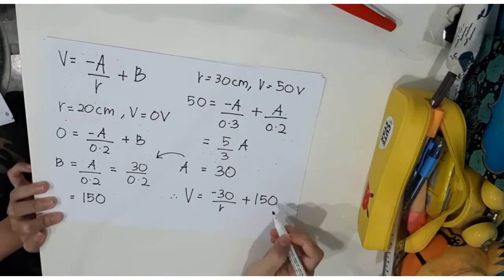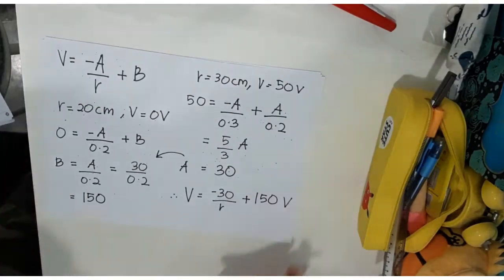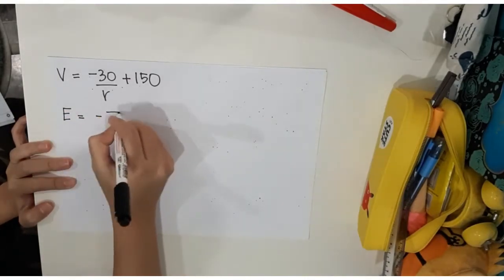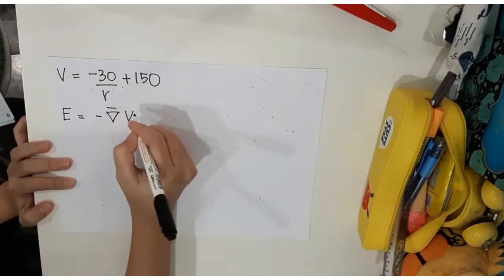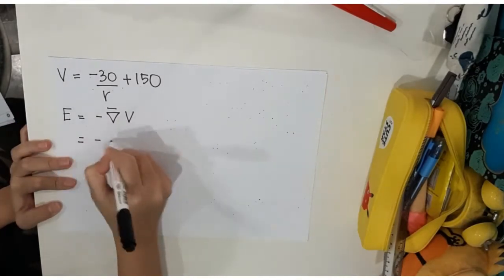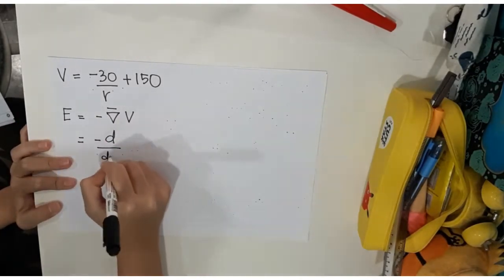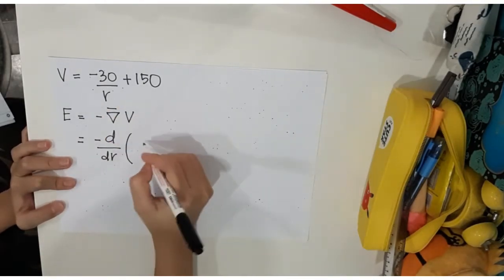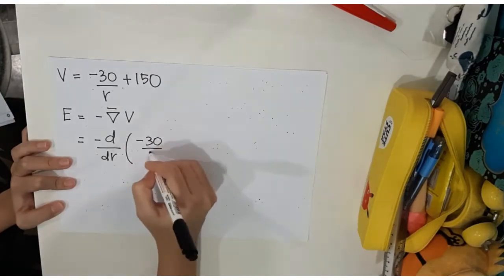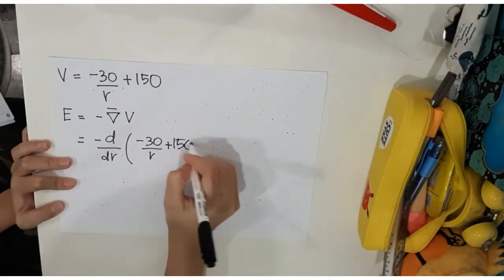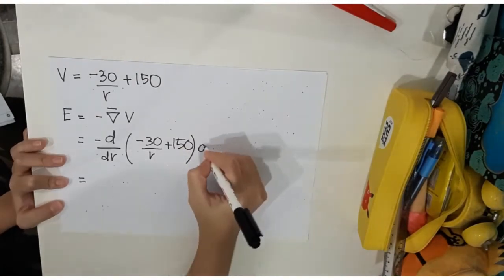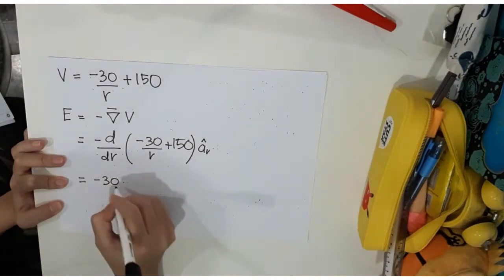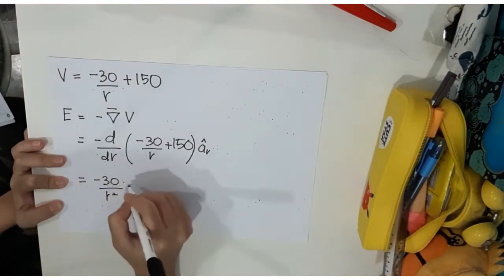So this is the answer for V. For E, we know the basic equation for E. We use negative delta V, which will be negative d over dr. We put this equation here, so we will get negative d over dr of negative 30 over R plus 150, aR. So we solve it. We will get 30 over R squared aR V per meter.